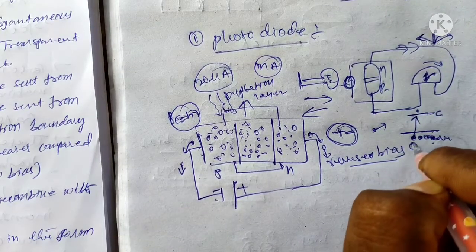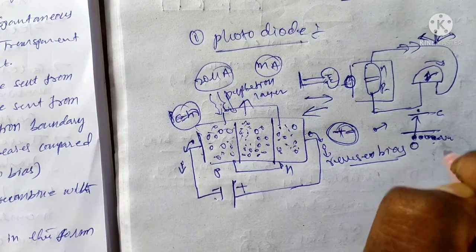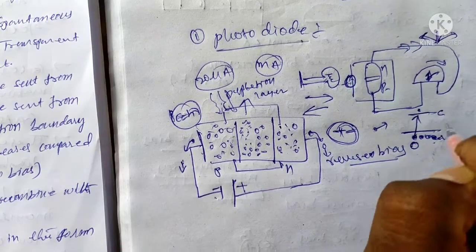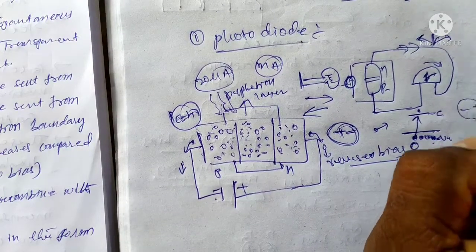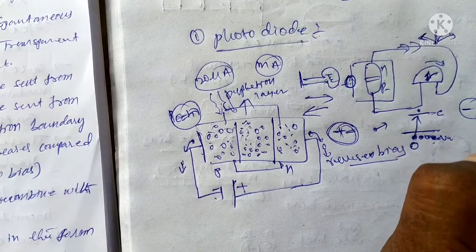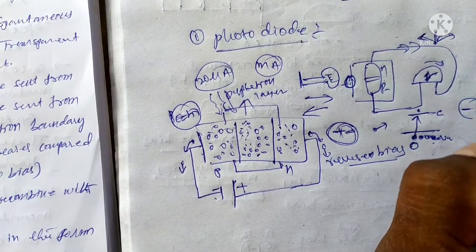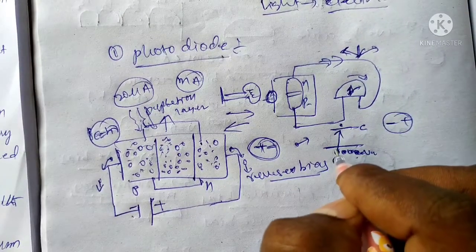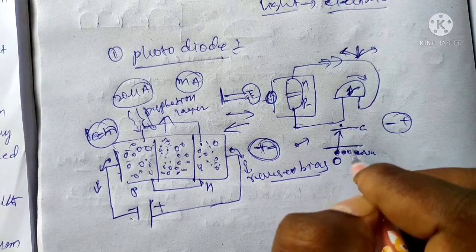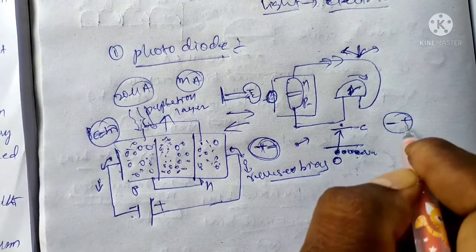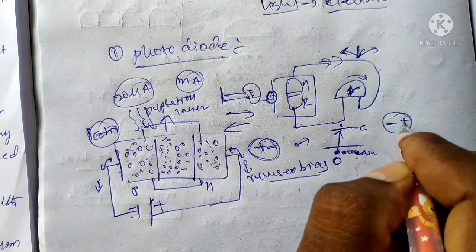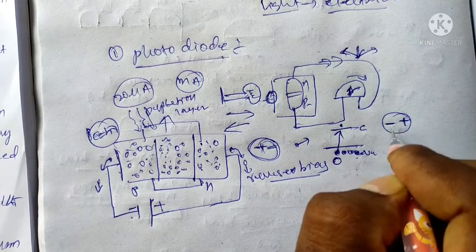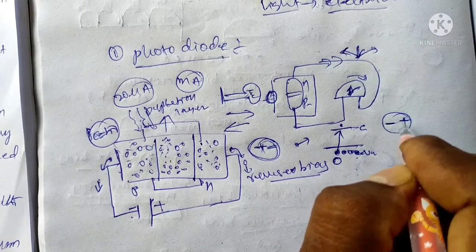The vacancy is nothing but a hole, a space or vacancy. When electrons are emitted, holes are created. This is called electron-hole pair generation.